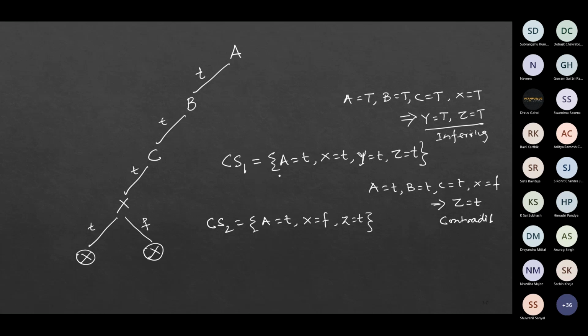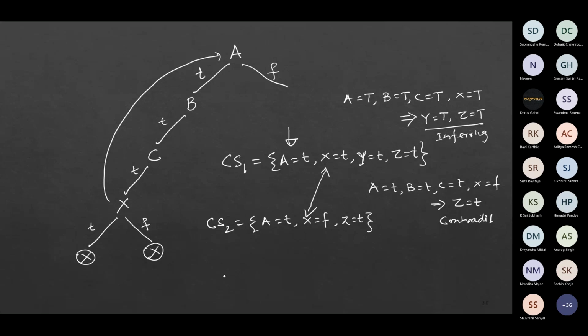Now in both of these, we have exhausted all the options at X equal to true and false. So that means, what is the most recent decision variable for which we have not explored the other option? That is basically the A variable. And from this point, we'll be directly backtracking to A and try out the value F for it.